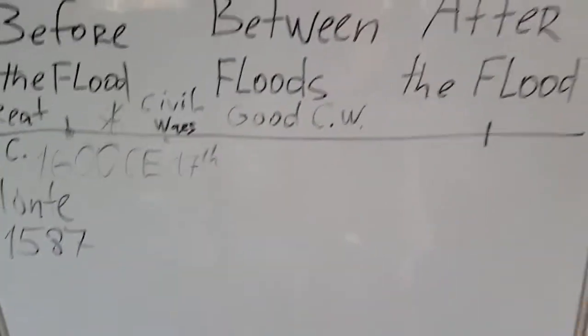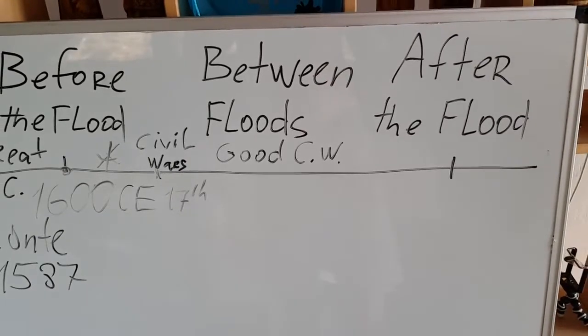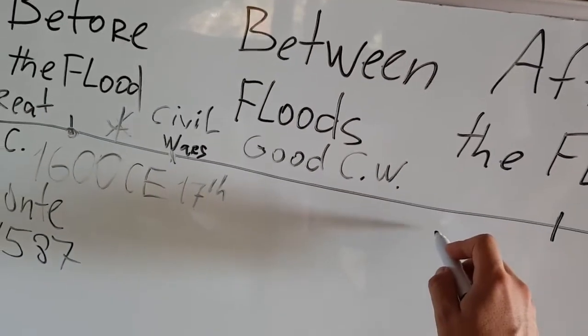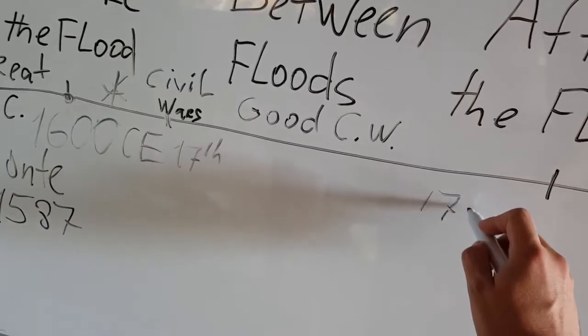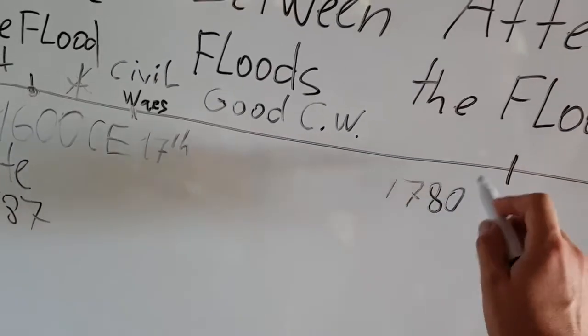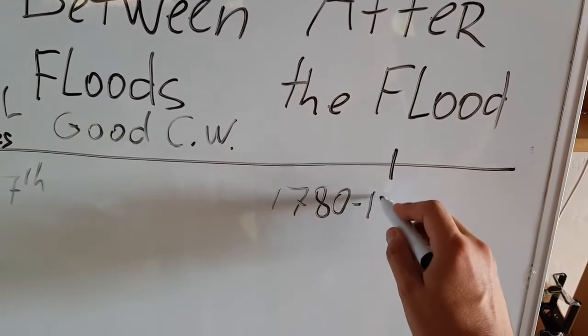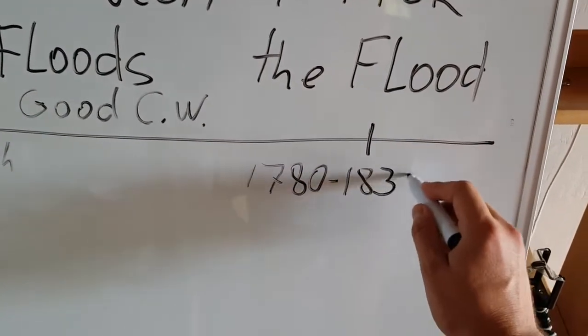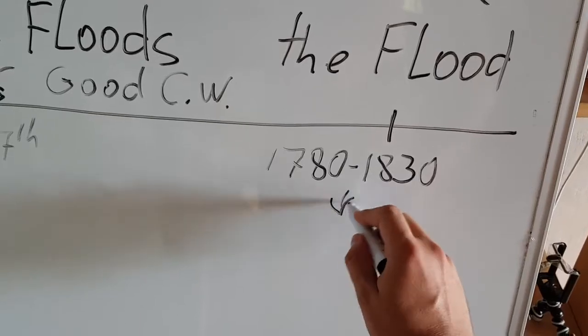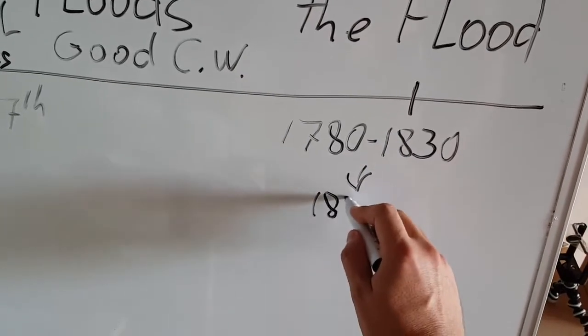Well, actually we should call it the second great world conflict, which began approximately in 1780, maybe earlier than that, and ended in approximately 1830. The Great Flood, as you know, was in 1824.